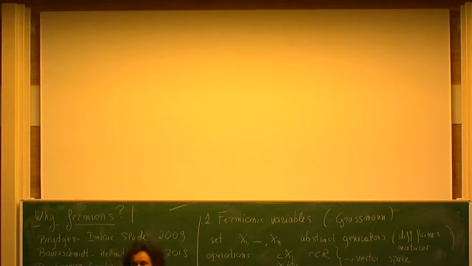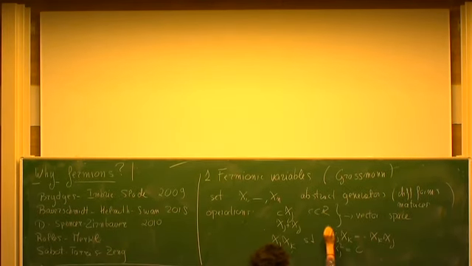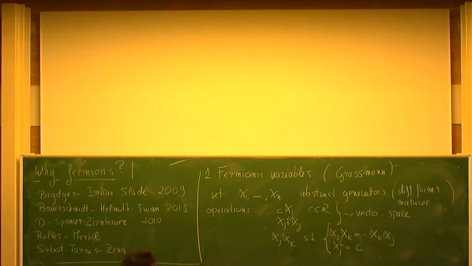And now I want to multiply two of these objects together. So I multiply them, chi_j chi_k, and what I require is that this product anticommutes. So I want chi_j chi_k equals minus chi_k chi_j, and in particular, if I take the square of any such variable, the square equals 0.